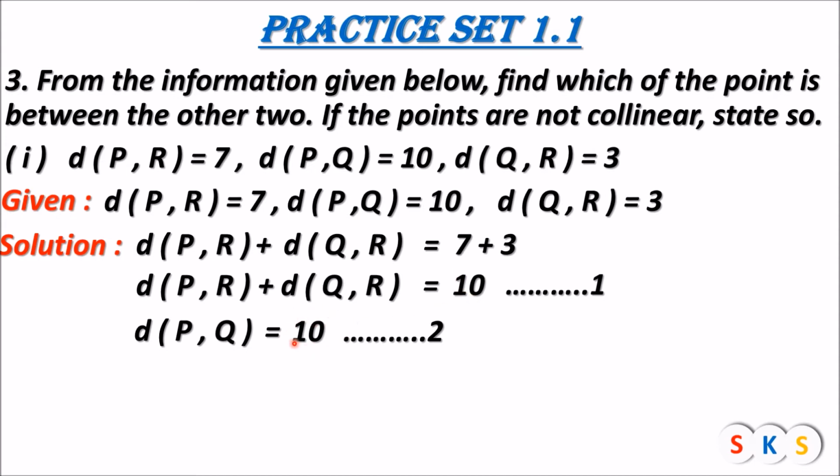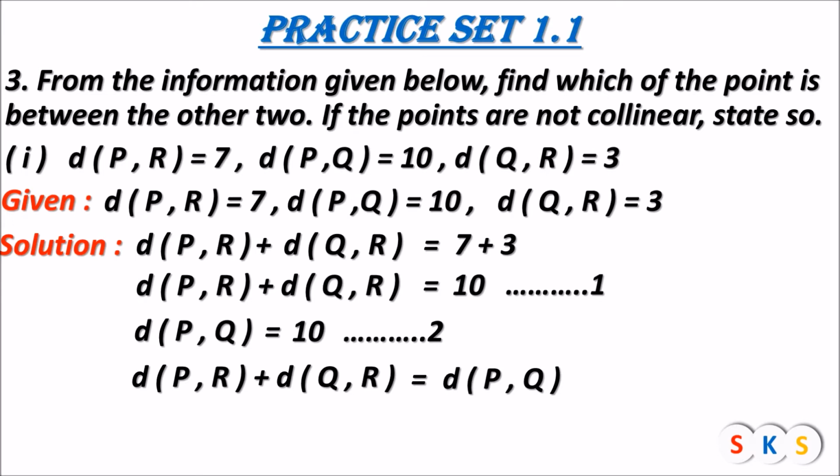It means the right hand sides of both equations are equal, and we know that if the right hand sides of any 2 equations are equal, then their left hand sides will also equal each other. It means distance PR plus distance QR is equal to distance PQ. This statement we got by comparing equations 1 and 2.